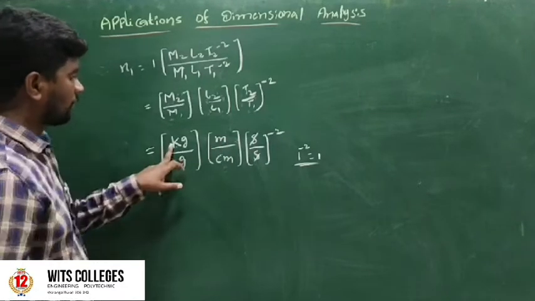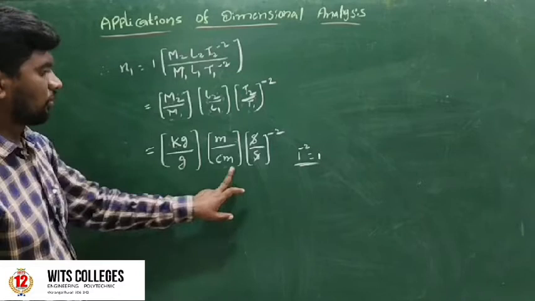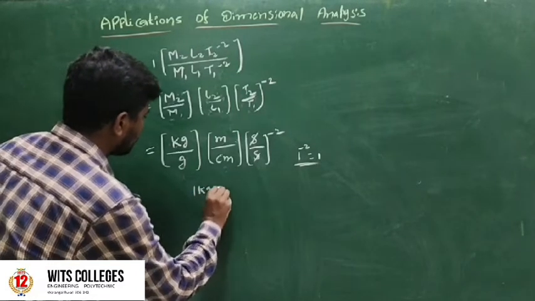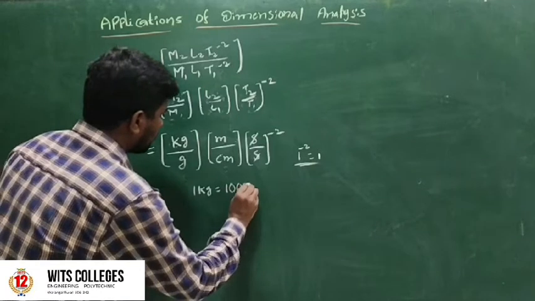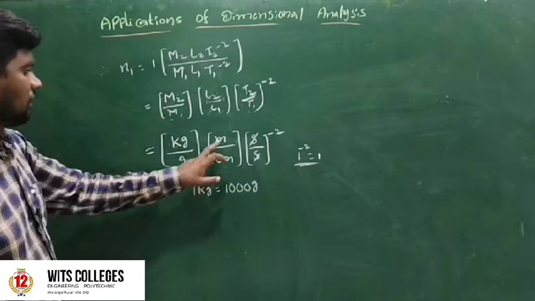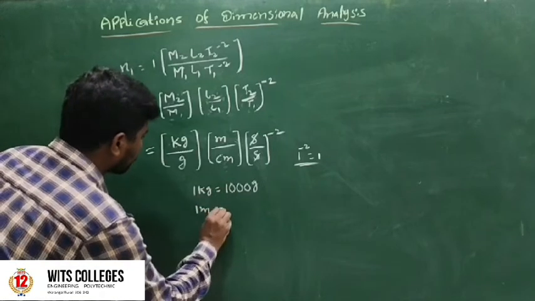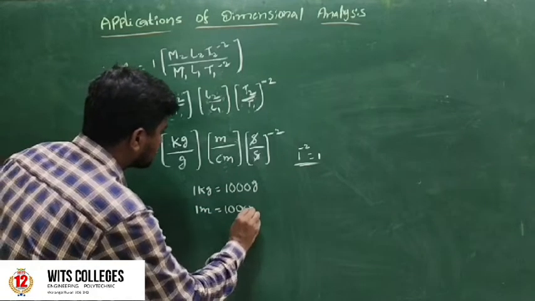To convert, 1 kg is equal to how many grams? 1 kg equals 1000 grams. Next, the meter to the centimeter: 1 meter equals 100 centimeters.